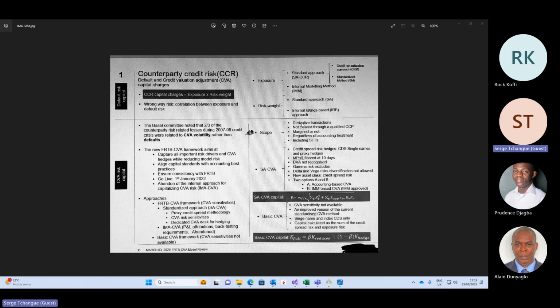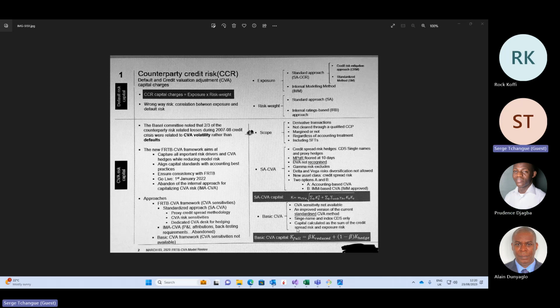It only covers derivative transactions not cleared through a qualified CCP, margined or not regardless of accounting treatment, including SFTs. This is one approach, which I'll call the advanced. Credit spread, you need that. You need MPOR, etc. And then this is the formula.